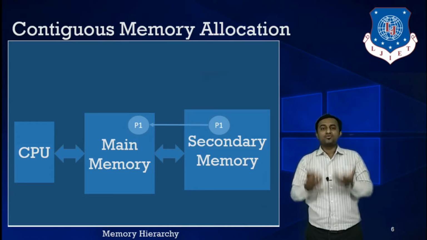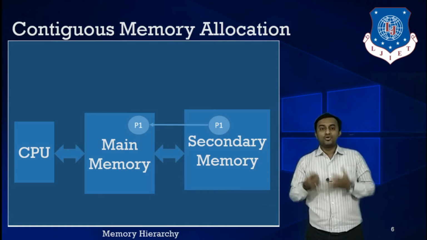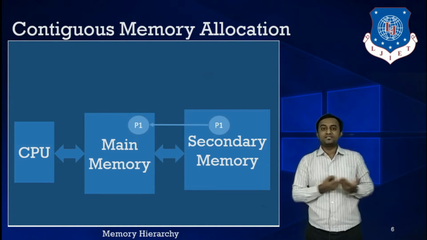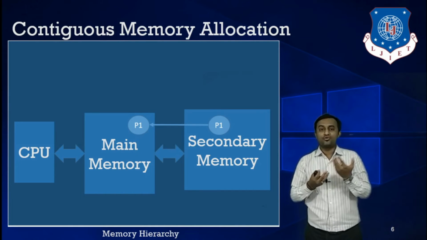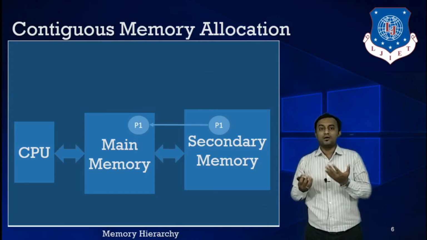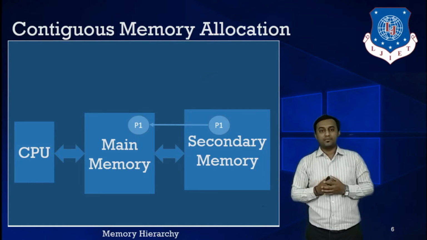As I told you, if you want to execute any process in the CPU, that process needs to reside in main memory. So you need to fetch that program from secondary memory and put it into main memory first.